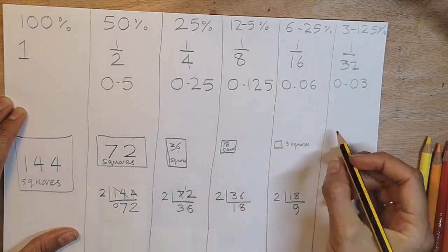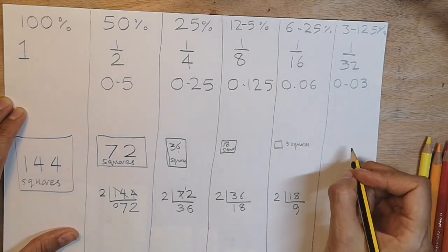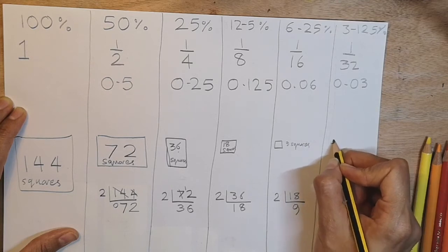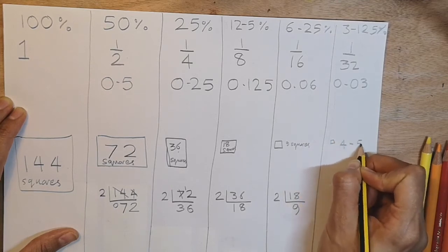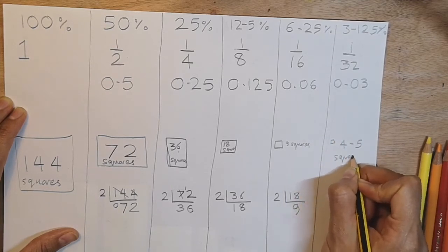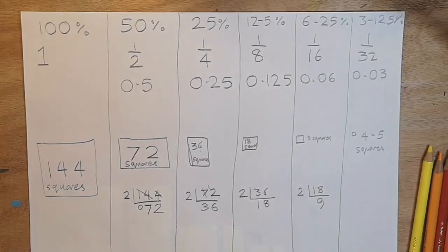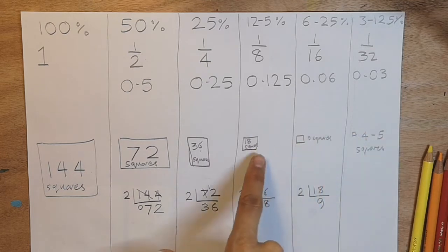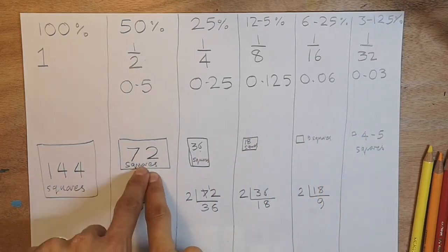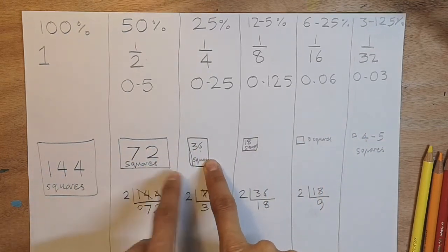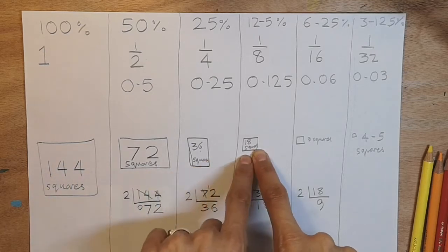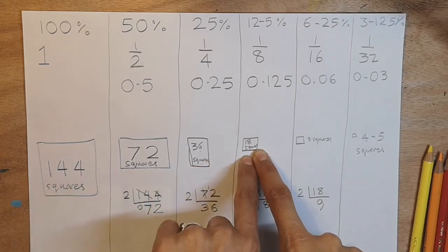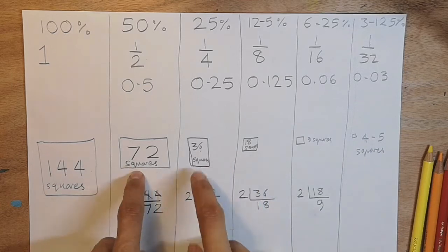And now we divide 9 by 2, which we know is 4.5 squares. So now I've worked out how many squares is half and how many squares is a quarter of 144, how many squares is an eighth of 144, and so on.